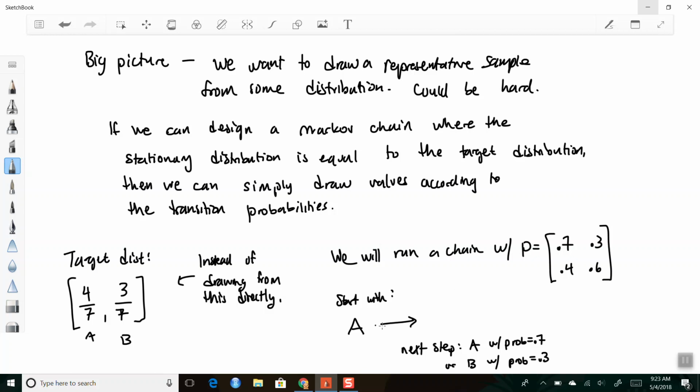And then you go from A, and maybe you end up with A again, and then you just transition. And then at the end, you take a look at all of the A's and all of the B's that you have, and 4/7 of them should be A and 3/7 of them should be B. Okay.